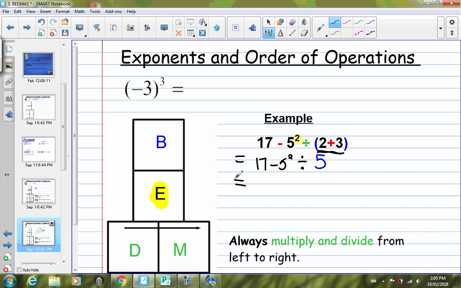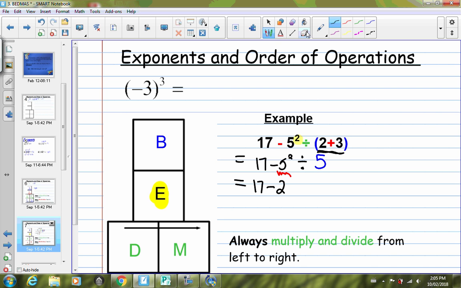Next is exponents. Do I have an exponent? Yes, I do. There's my exponent, 5 squared. So I start at the beginning. What comes first? 17 comes first, so I write 17 down. Minus 5 squared. What does 5 squared give me?